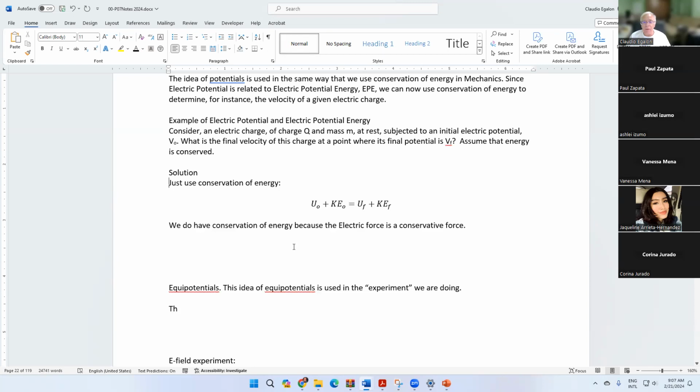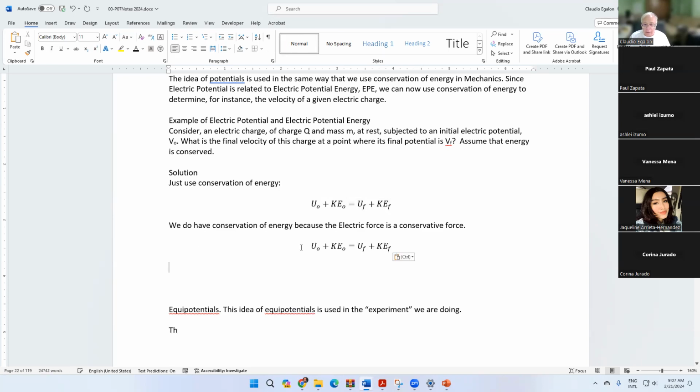Okay, so here you go. We have initial potential energy and final potential energy. The initial potential energy is just going to be the charge Q multiplied by the electric potential V naught, which is given, by the way. Remember, electric potential is defined as the electric potential energy divided by the charge.